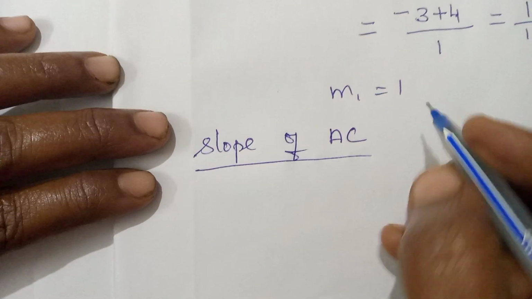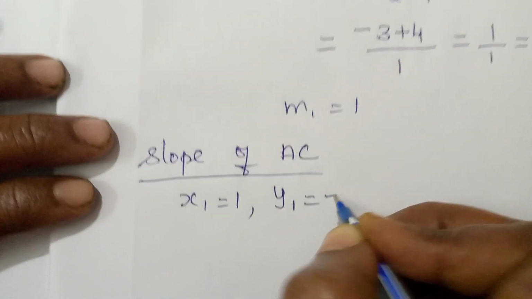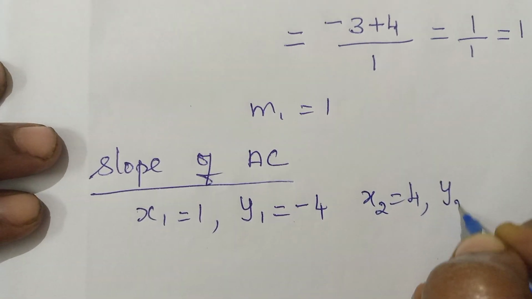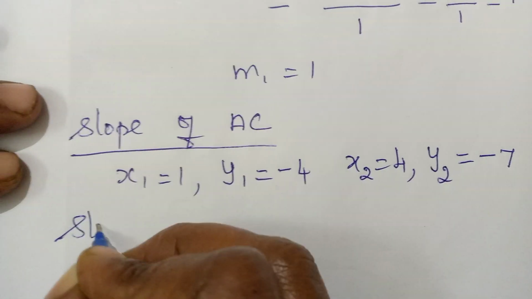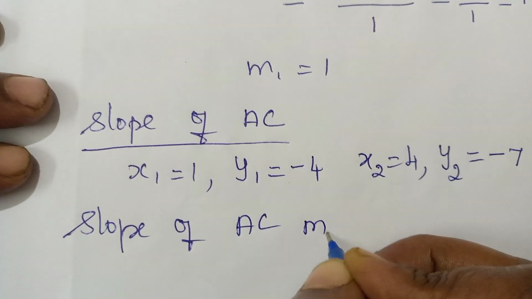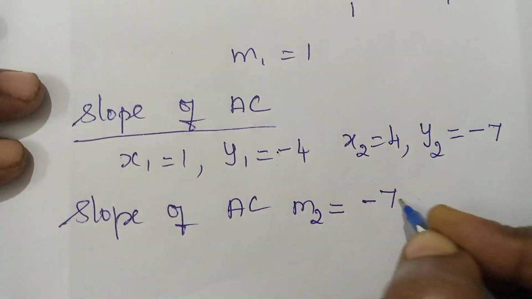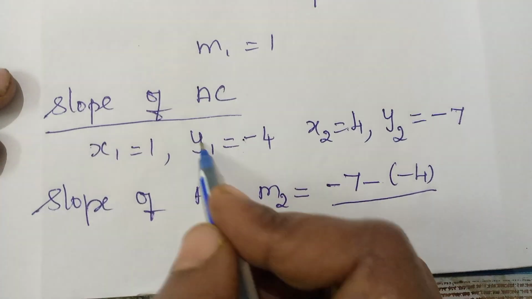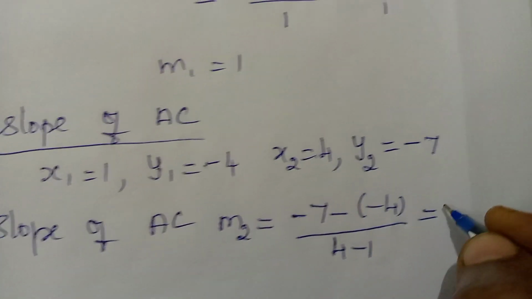Here x1 equal to 1, y1 equal to minus 4, x2 equal to 4, y2 is equal to minus 7. Slope of AC, m2, is equal to y2 minus y1, that is minus 7 minus minus 4, divided by x2 minus x1, that is 4 minus 1.